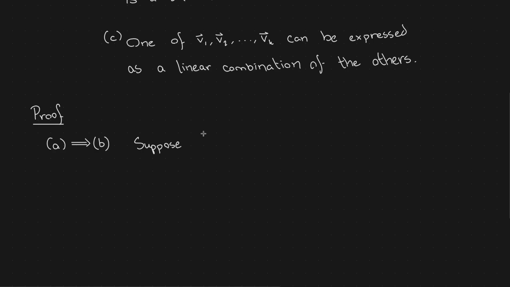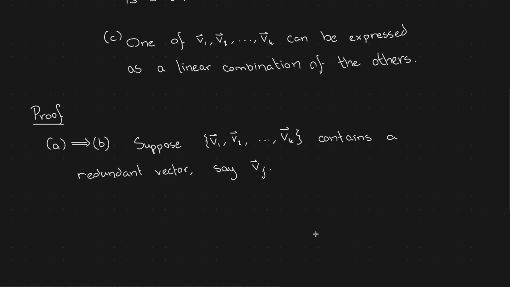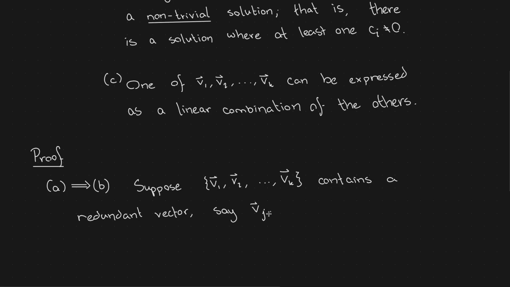So suppose the set v1, v2 to vk contains a redundant vector, say vj. So one of the vectors in the middle. j might be 1, j might be k, but more likely it's one of these vectors in the middle here. Somewhere in there we have a redundant vector.